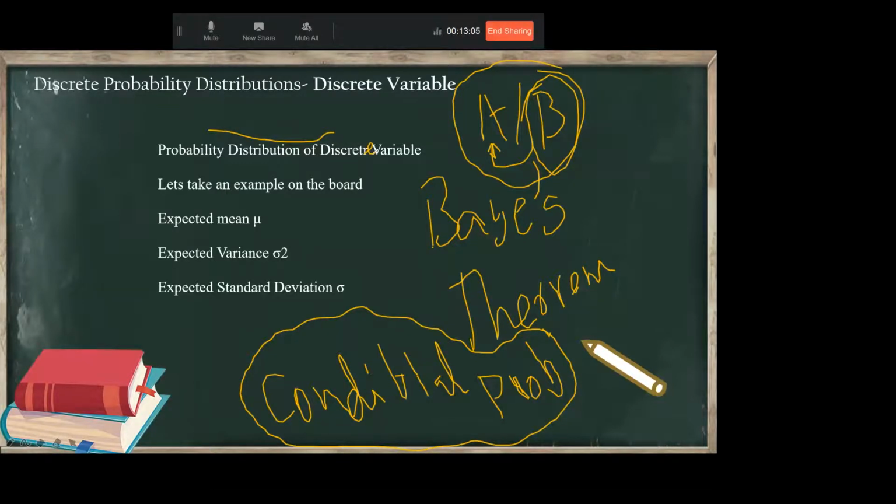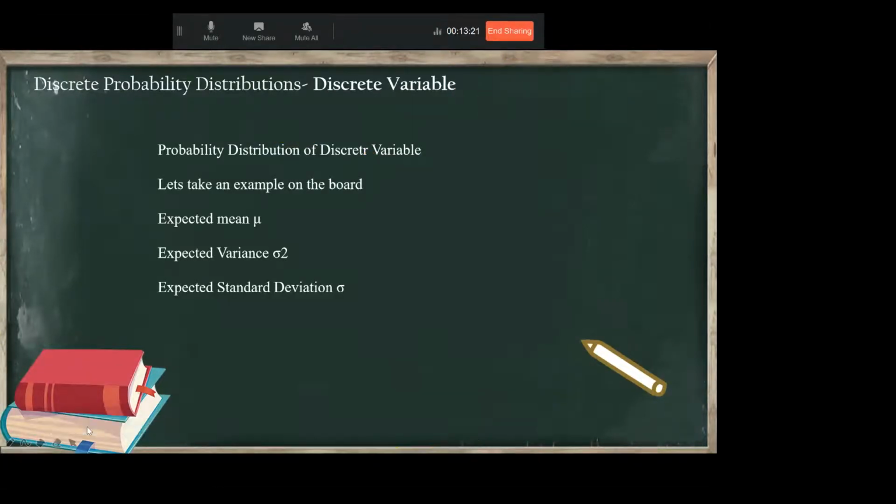So let's go back to the probability distribution of a discrete variable. Here we will cover some key concepts. Under discrete probability distribution, we already learned some and will learn a bit more.